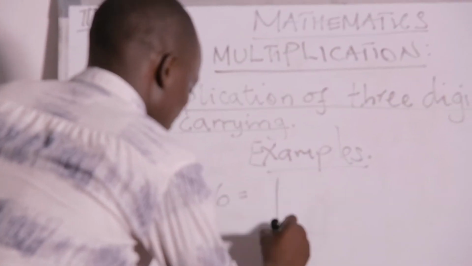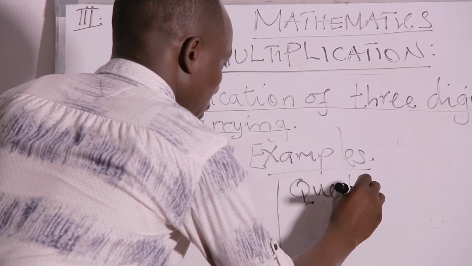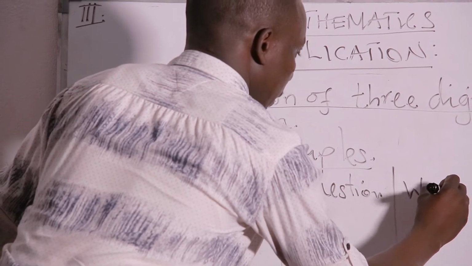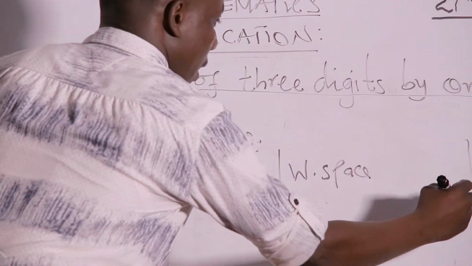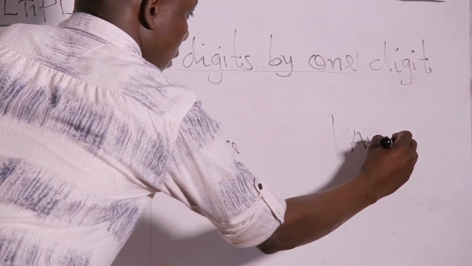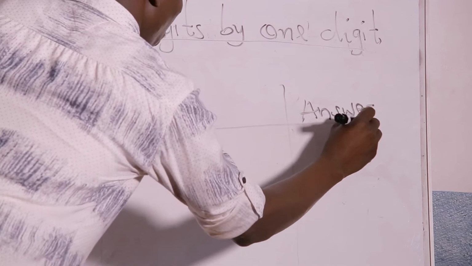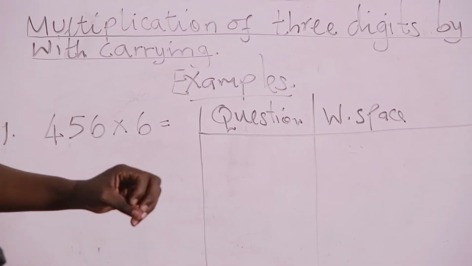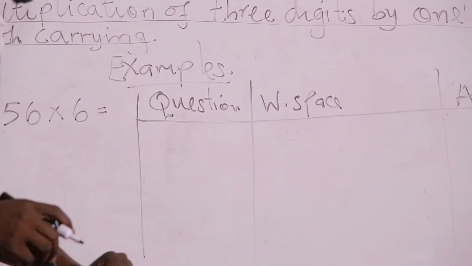We will have the question, then the working space, then the answer space. So make sure that your working space is big enough because all the calculations are done from this particular part.